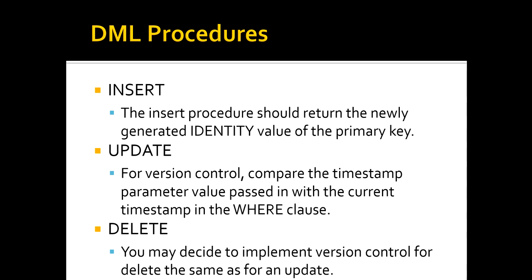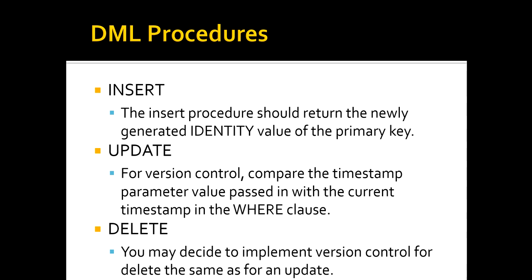Okay, so the data manipulation language procedures, the ones that handle insert, update, and delete. With insert, one of the things usually done, if you're using something like an integer identity primary key or even a GUID, is to let the client know what this new unique identifier, this new primary key value, is. So that's often returned, sometimes as an output parameter or directly from the stored procedure.